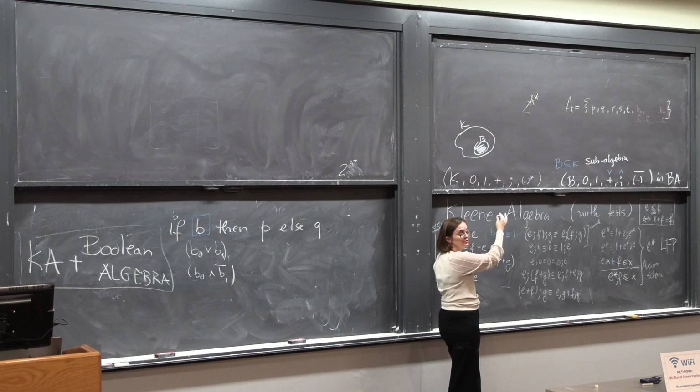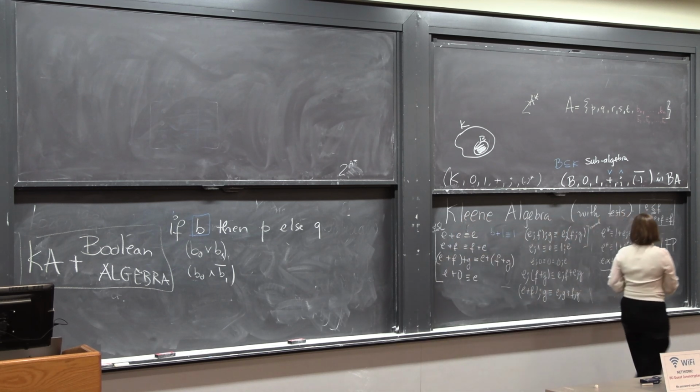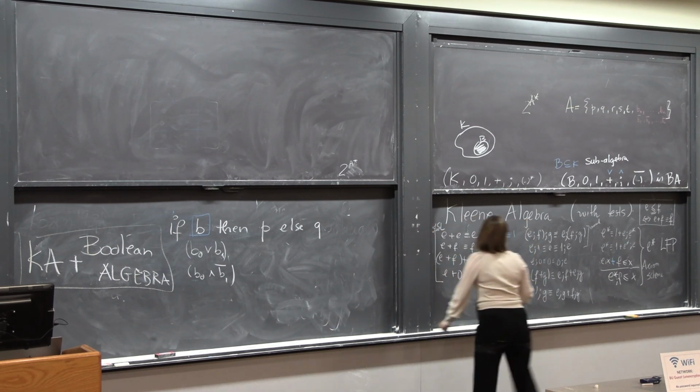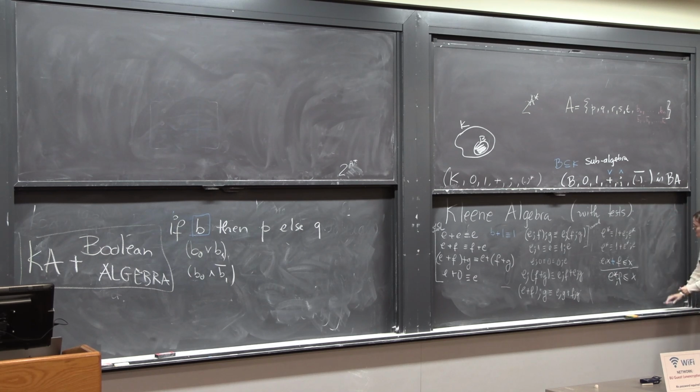So not is a new operation, only for elements of B. And what does not satisfy? Not will satisfy the things you expect, which is that if I have A plus B from elements of B, this is the same as not A, not B.